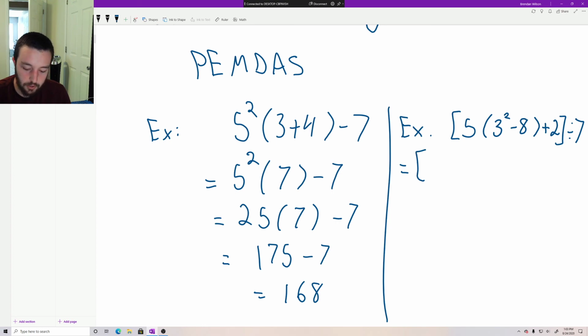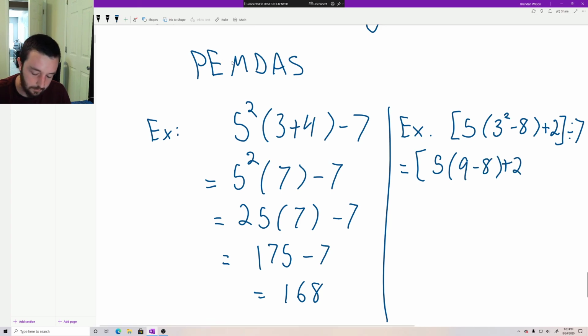So we should do the 3 squared minus 8. But now we have another question, exponent or subtraction? So we go over to our acronym here and it says exponent first. So the exponent is 3 squared, so we have 9. Okay.